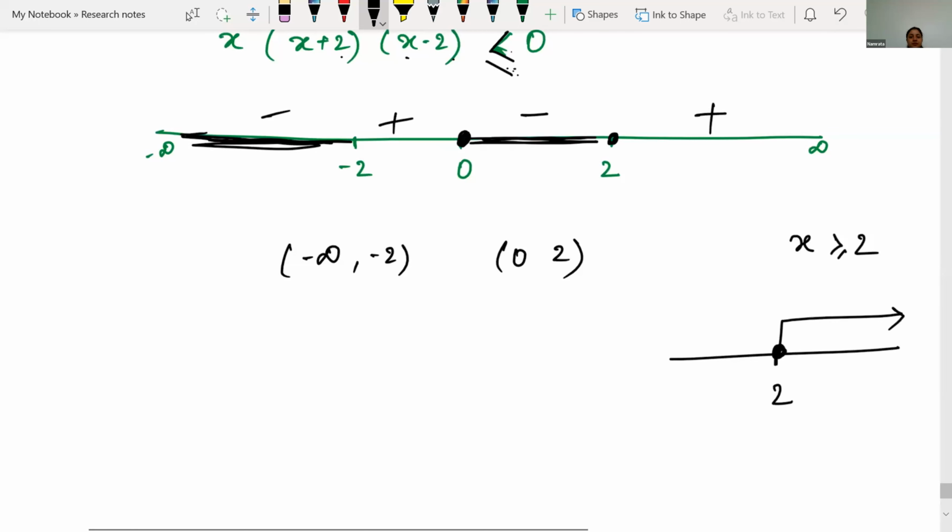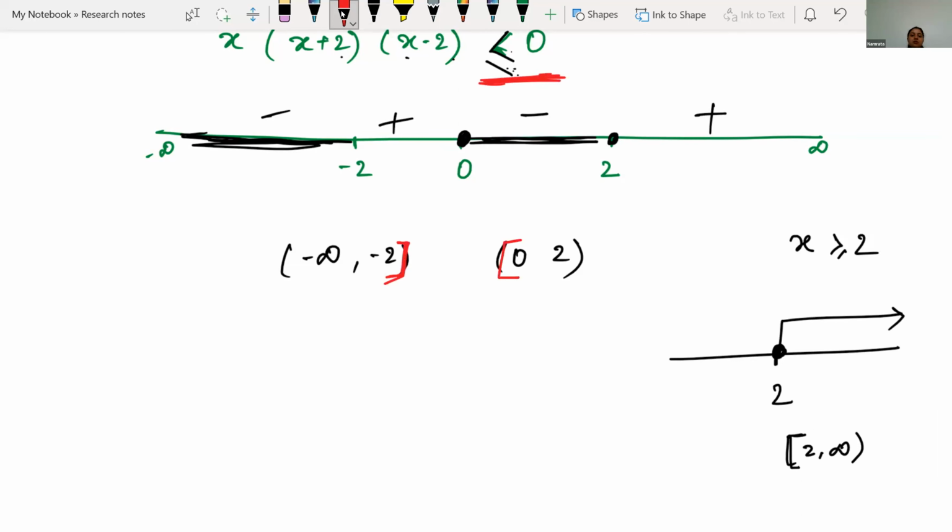So the interval will be 2 to infinity, a closed interval at 2. Similarly, since here also we have less or equals to 0, we will be taking closed interval, closed interval, union. Is it clear? So this is how we find the intervals for this type of factorization by the wavy curve method directly.